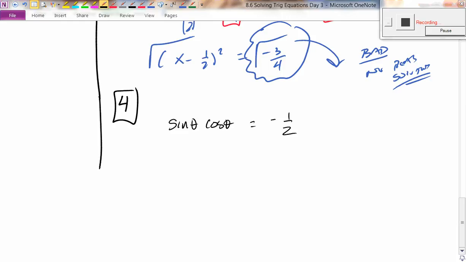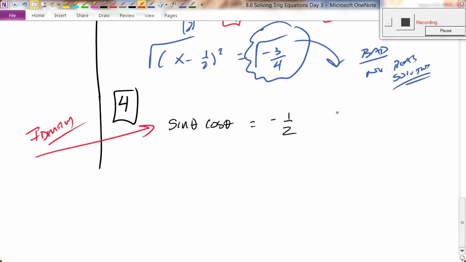And usually the train of thought is to get them to be 1, right? Well, in this case, we're going to try and use some identity to help us out. So you look at your toolkit. Is there anywhere on the toolkit where sine and cosine are being multiplied together?